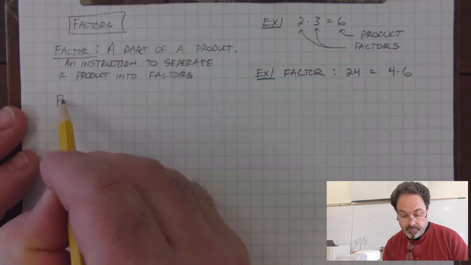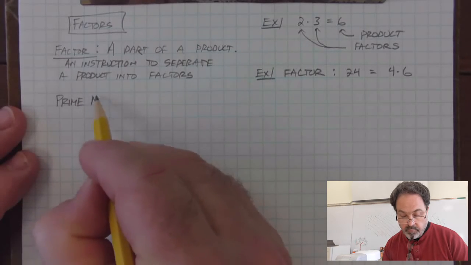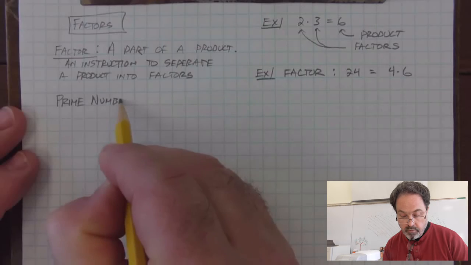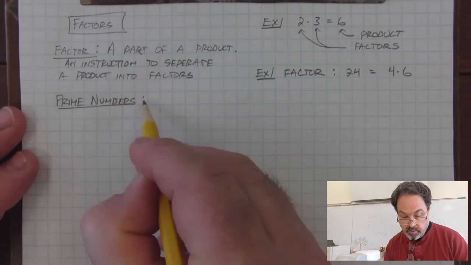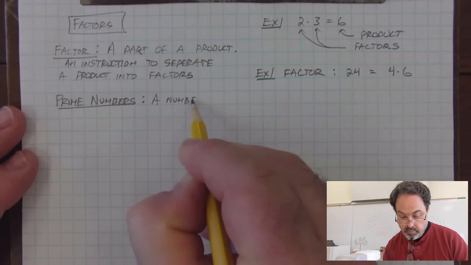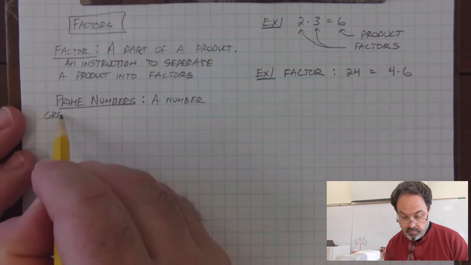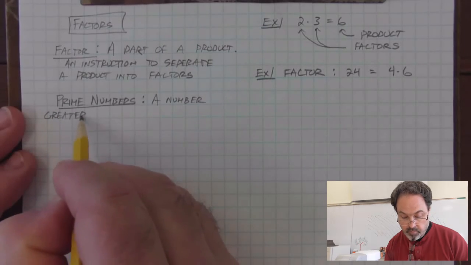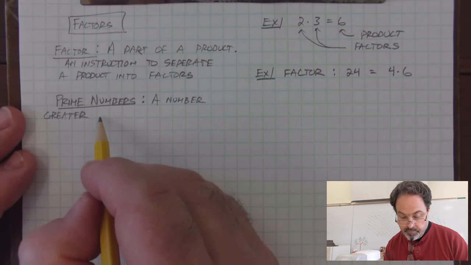When factoring, we need to be aware of prime numbers. A prime number is a number, has to be greater than 1. There are no prime numbers that are negative or 0 or 1.